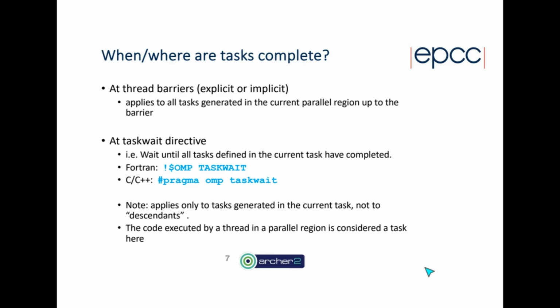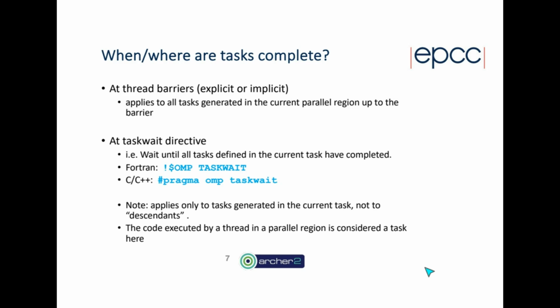Okay, so wherever there is a barrier inside a parallel region or at the end of the parallel region, then when the threads encounter a barrier, the barrier will not complete until all previously generated tasks up to that point have finished executing. So a barrier guarantees that all outstanding tasks complete at that point.